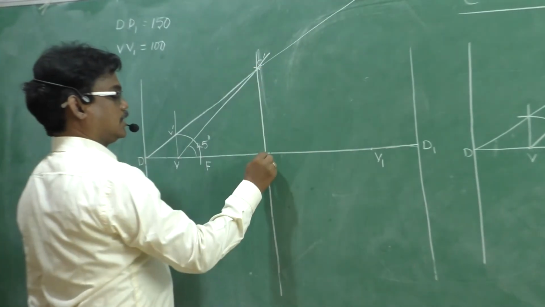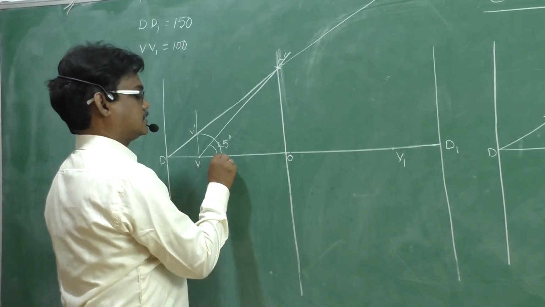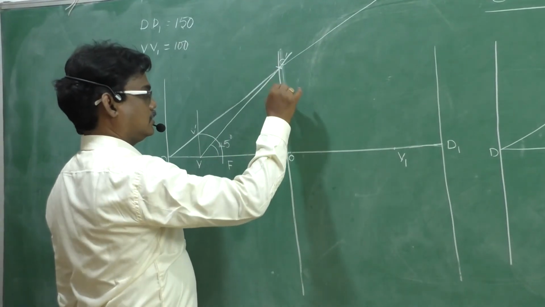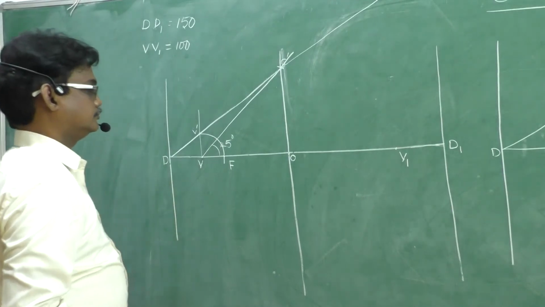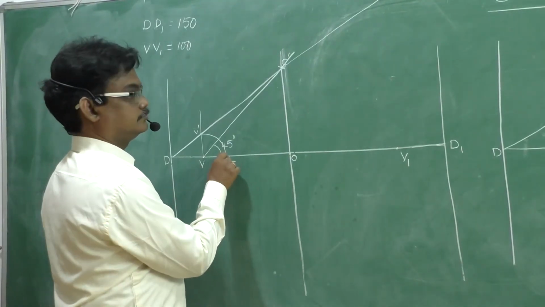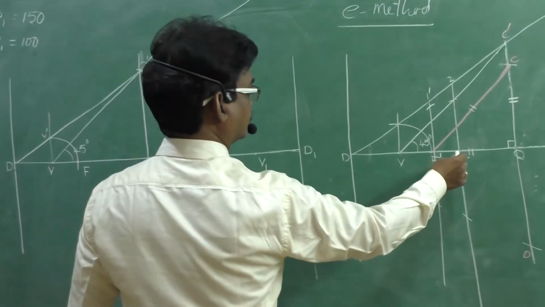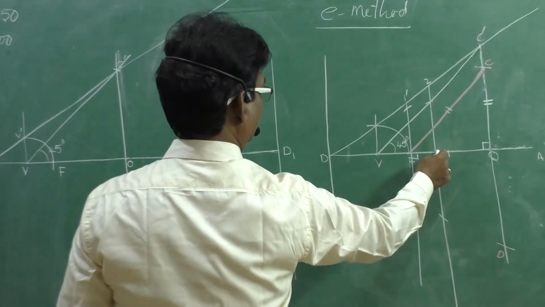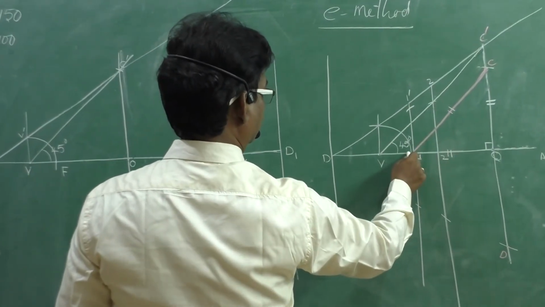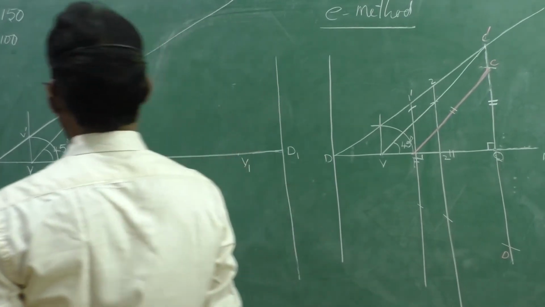this OC or semi-major axis as radius, F as center, if you draw an arc, see, this one, and F as center, we need to draw arcs on either side, right?